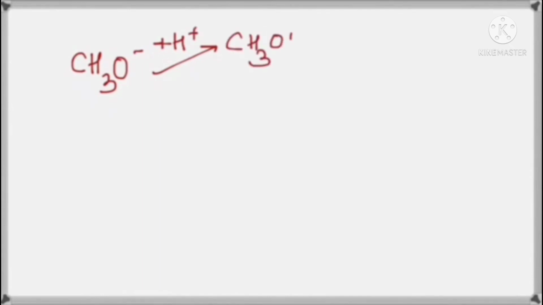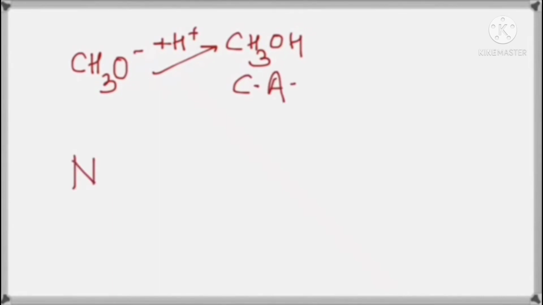If I give you CH3O minus and ask you to draw its conjugate acid, then all you do is add H plus and you will get CH3OH, which is the conjugate acid of CH3O minus.